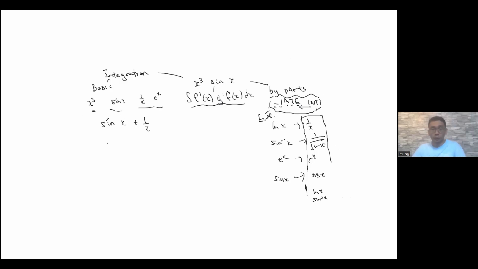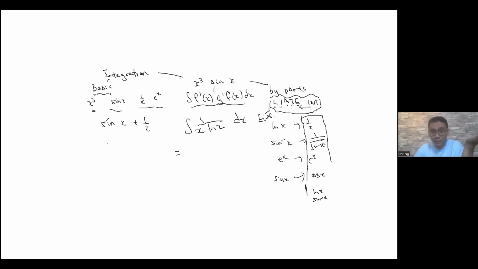So I will go through a few examples with you. For example, this one: 1 over x ln x. Because it's not something basic, most likely it is a product. Your algebra must be good to know how to dissect this into a product.